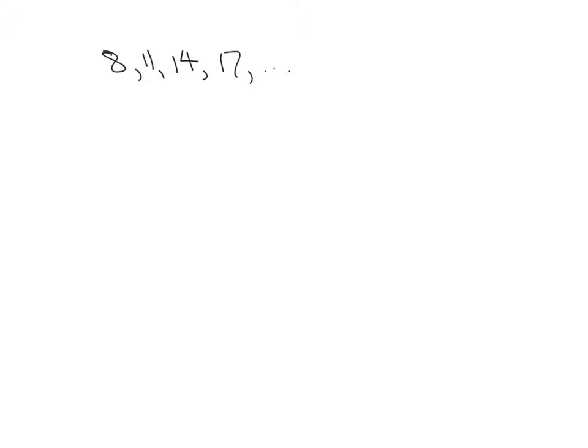Okay, so let's go back to this one. And we've got our sequences there, 8, 11, 14, 17. And let's look at something else that happens here. How much is there between 8 and 11? 3. How about here? Also 3. How about here? Also 3.